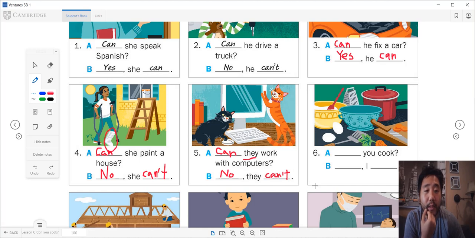Okay, number 6. Look at the picture. We see eggs, carrot, a knife, chopping board. So they're somewhere in the kitchen, right?